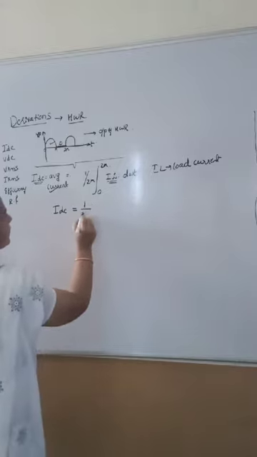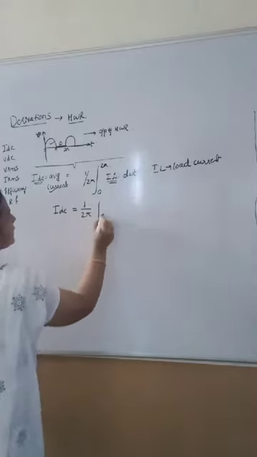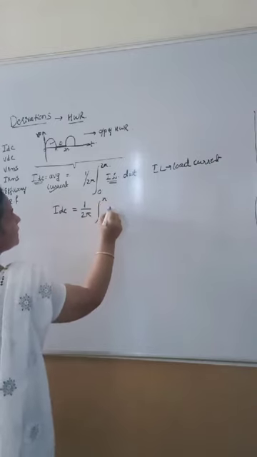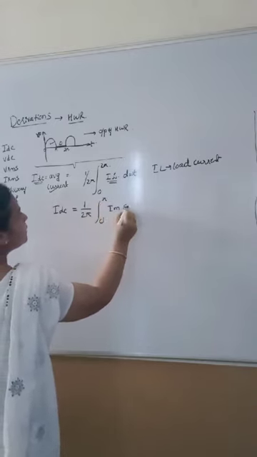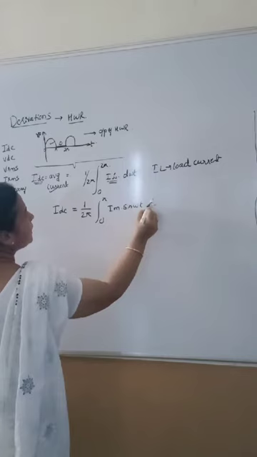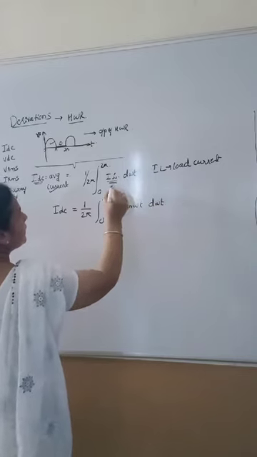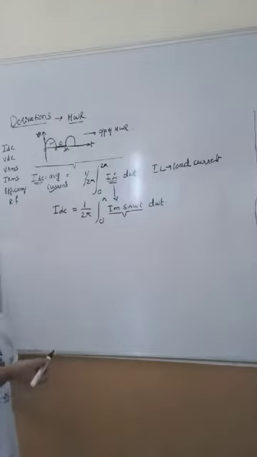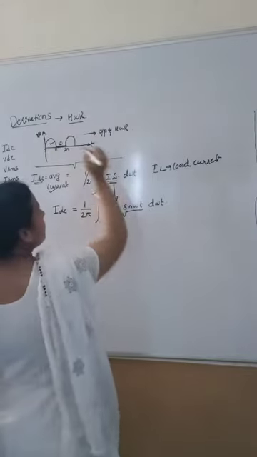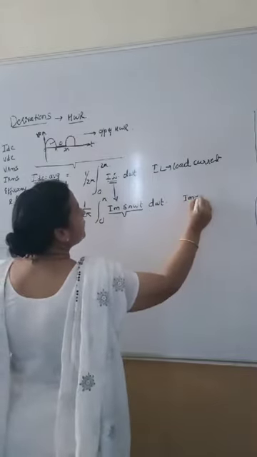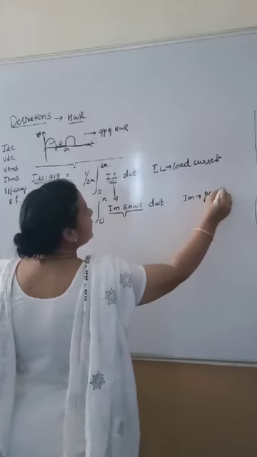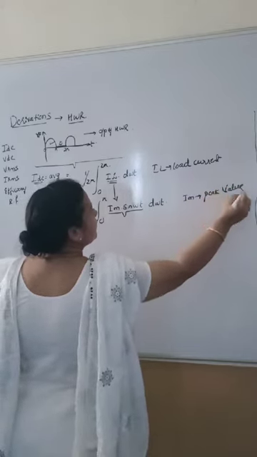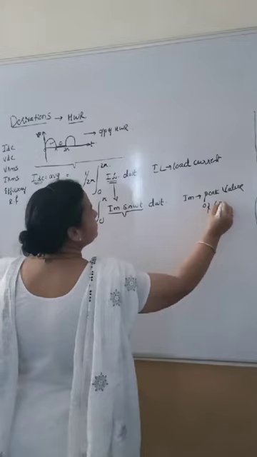So 1 divided by 2 pi, integral from 0 to pi, IL can be written as Im sine omega t into d omega t. Here Im is the peak value of the current, the highest value of the current IL.